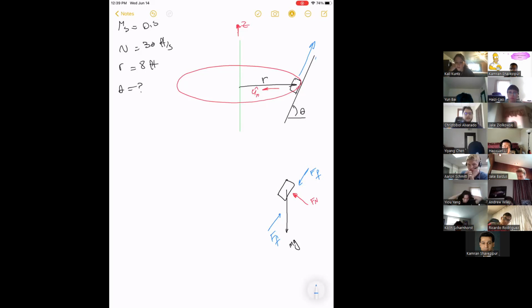But if, I don't know if you guys can see my hand, if this is the object, right, and it rotates, if it's going to go off, it's going to slide up, right, going out. If it goes out, which direction is friction? It has to be down, right, opposing this.